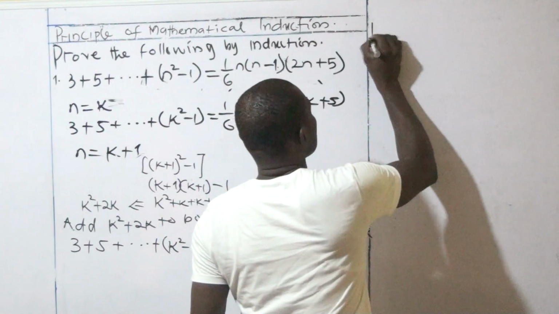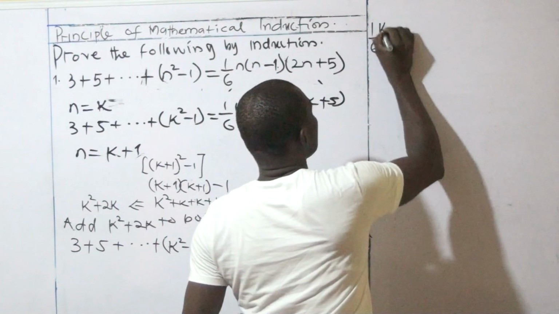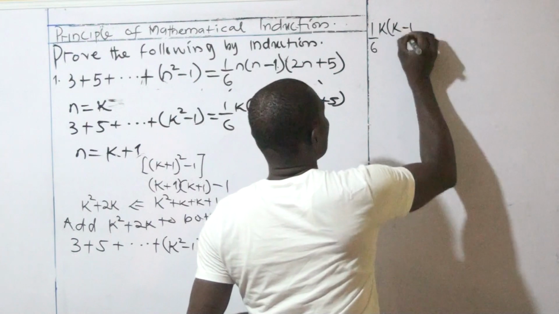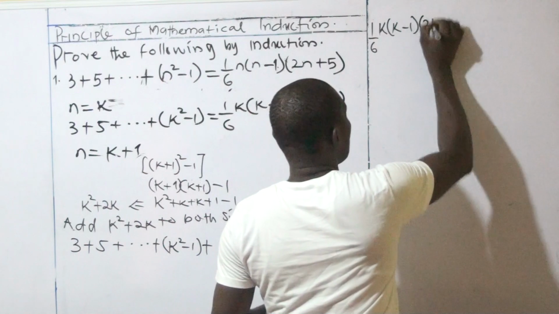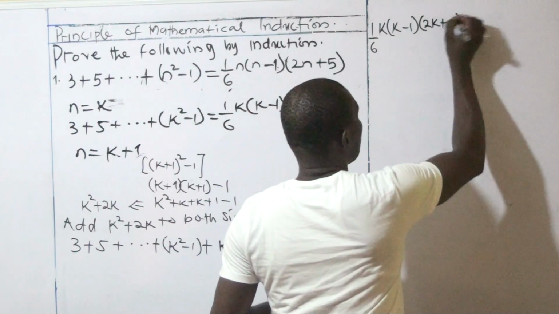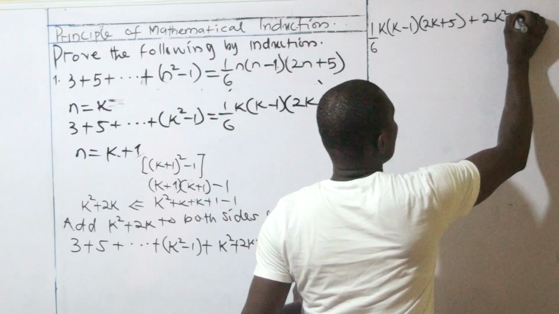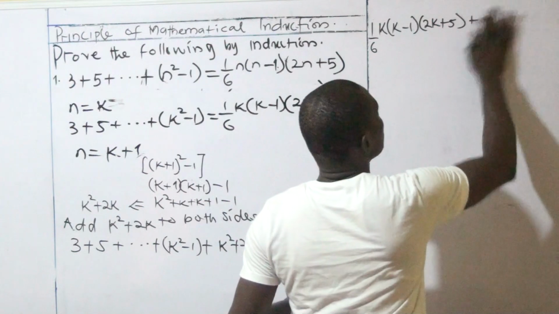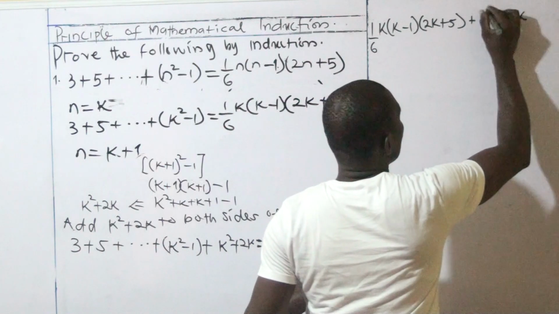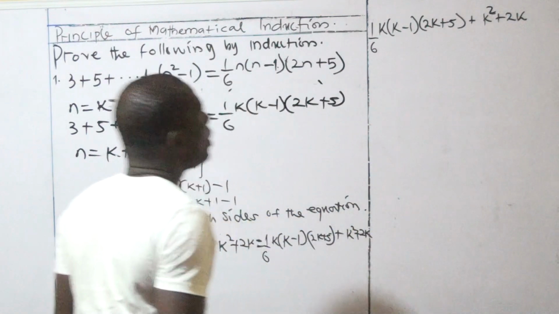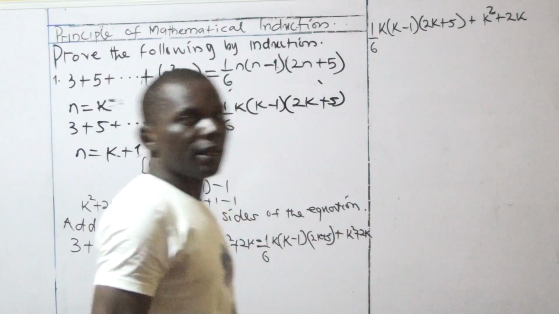So let's come to the right hand side and see what we have here. We have 1 over 6k, open bracket k minus 1, close bracket, open bracket 2k plus 5, plus 2k squared plus k squared plus 2. Now we need to simplify this.